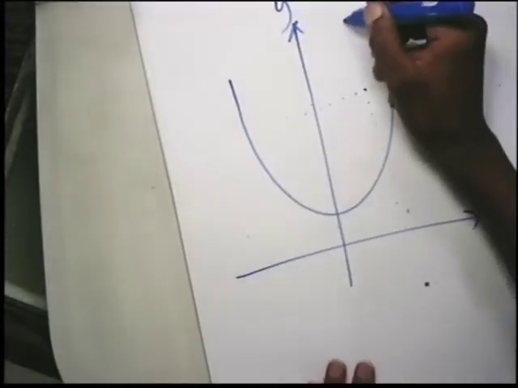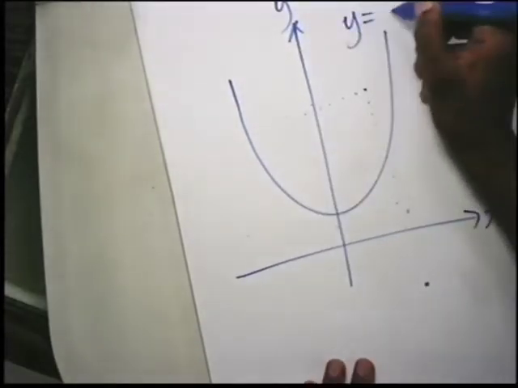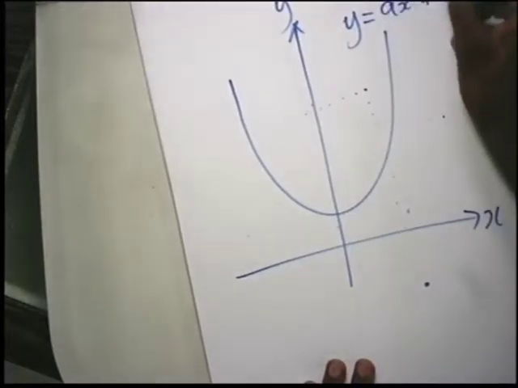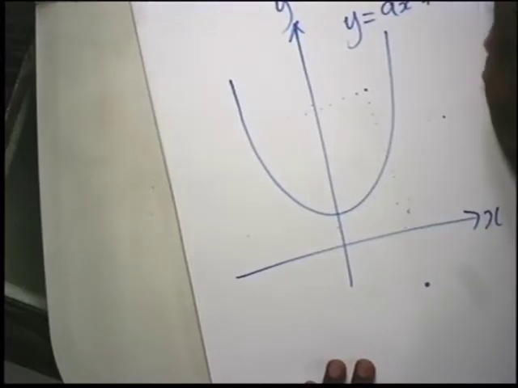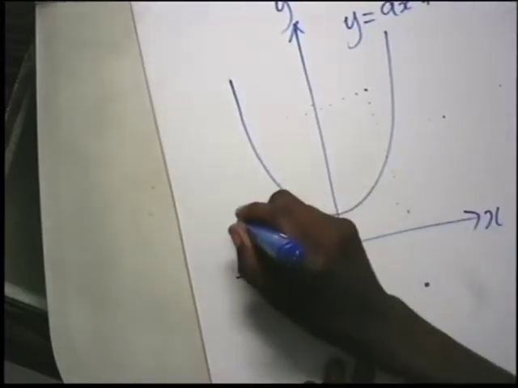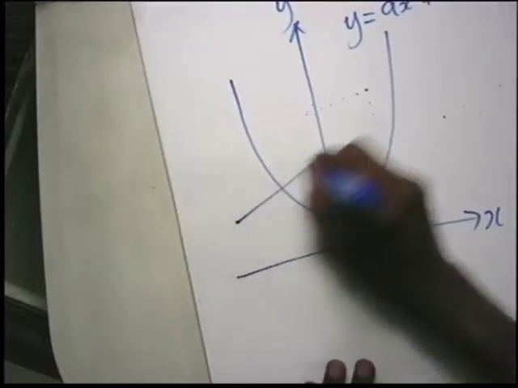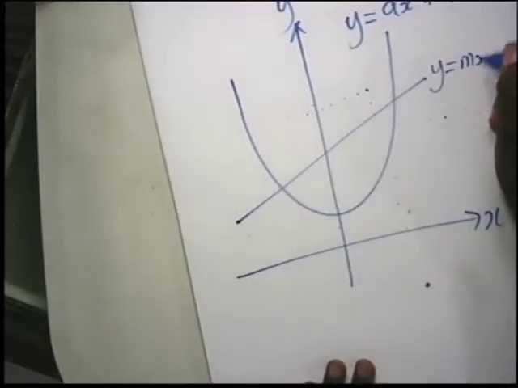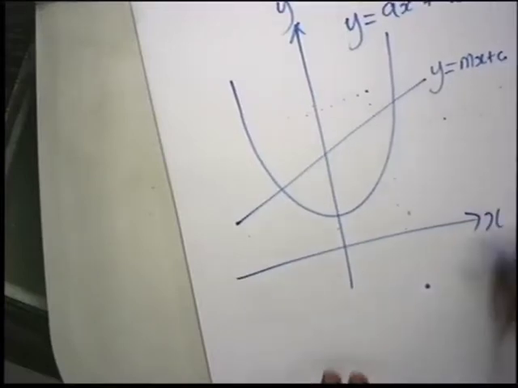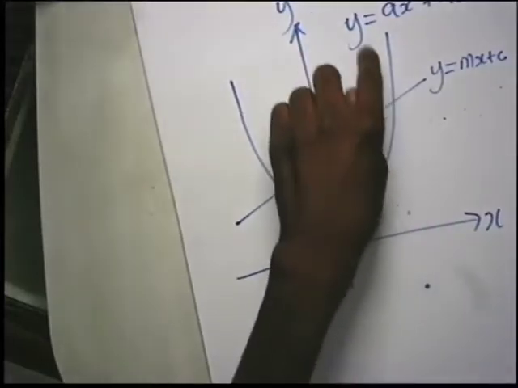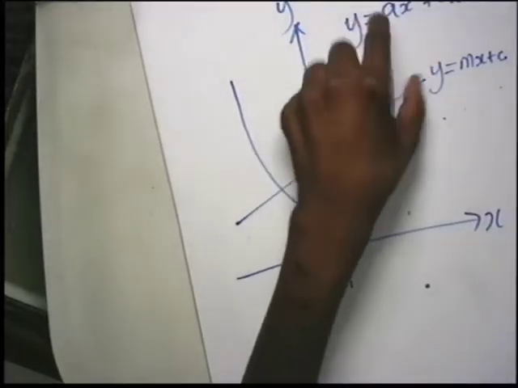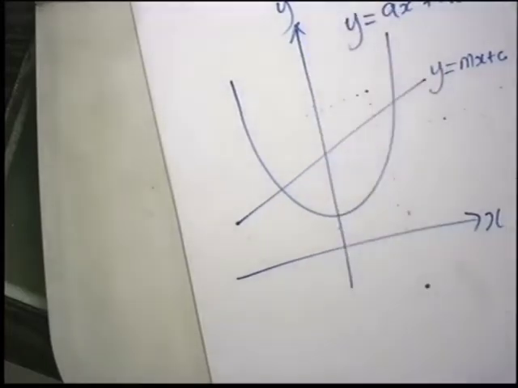So this is a parabola in the form of y is equal to ax squared plus bx plus c, and you also have another graph of a straight line that is in the form of y is equal to mx plus c. If they say solve for x and y when the two intersect, this is what you do.